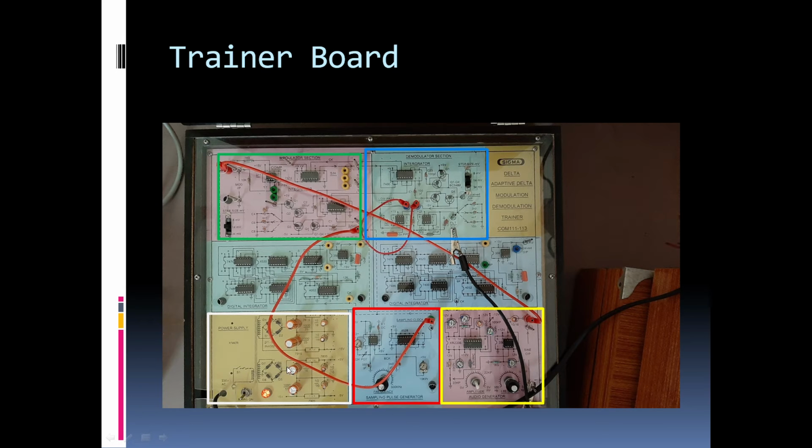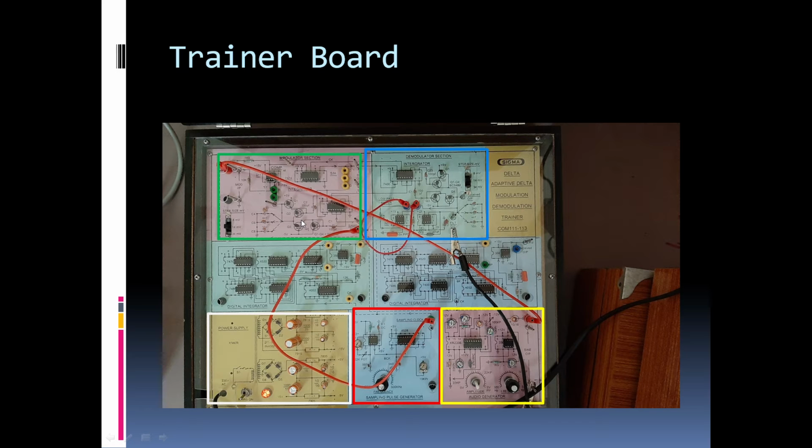As far as the delta modulator section is concerned, within this section we have a comparator, a sample and hold circuit, then a detector plus integrator circuit here. The comparator is based on IC 710, which compares two inputs.